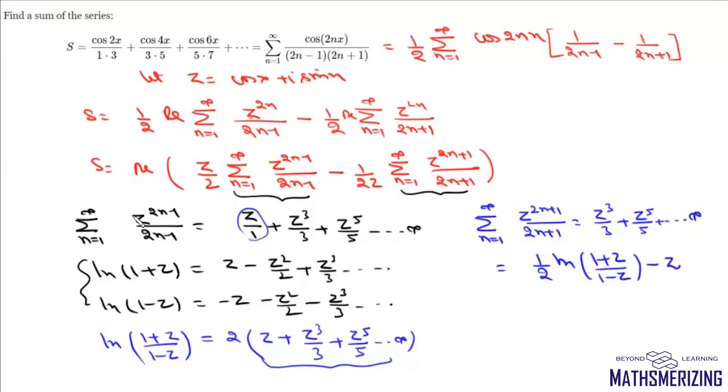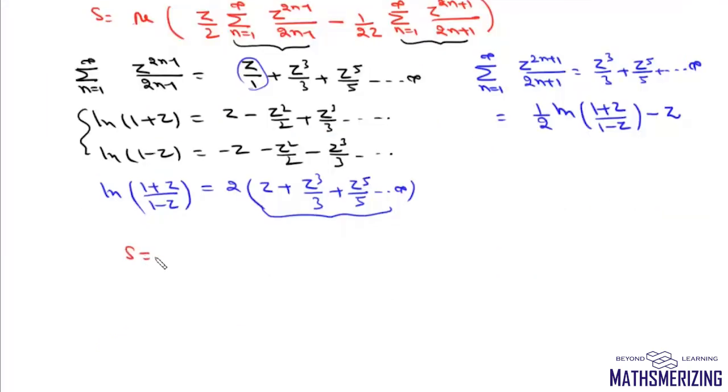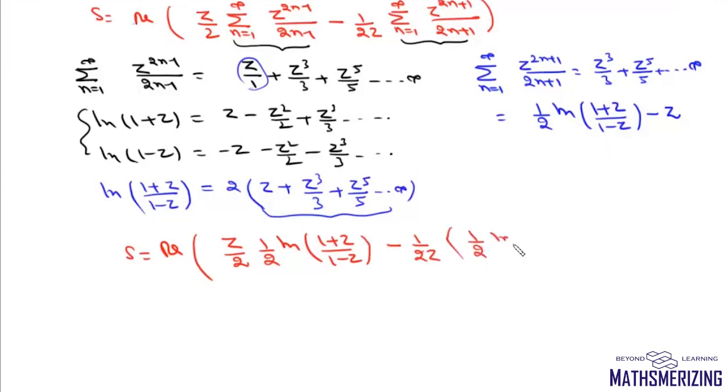Now we'll put the value of these two summations in this given series. So we can write it as S equals real part of z by 2. For this first series we know that it is 1 by 2 log (1 plus z upon 1 minus z) and then 1 minus 2z, and for this second part we can write 1 upon 2 log (1 plus z upon 1 minus z) and then minus z.